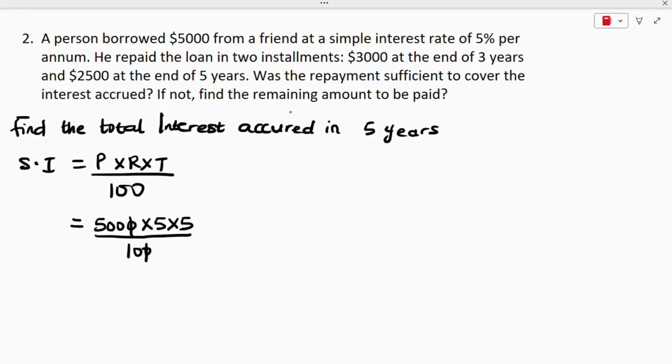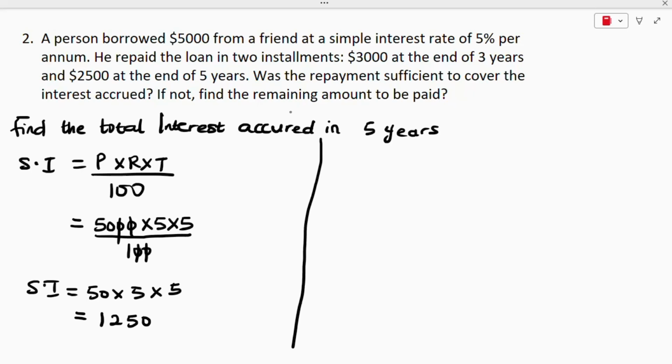This will cancel, and we have that SI is equal to 50 times 5 times 5, which is equal to 1,250.